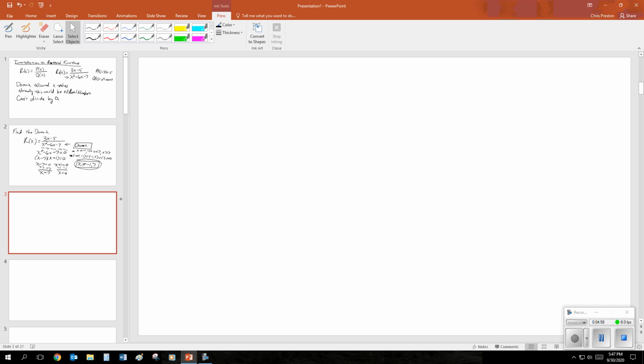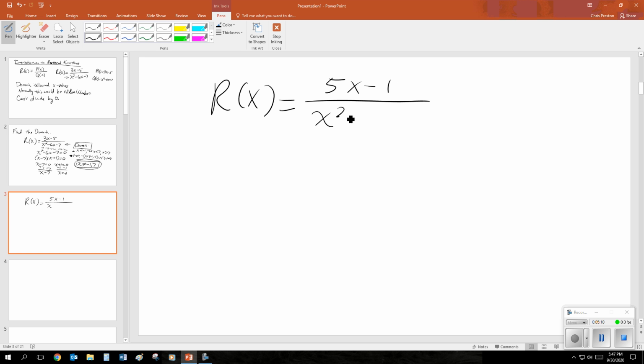All right. One thing we're going to run into when you first get introduced to this is situations like the following. Let's say you have x squared plus 10 on the bottom. And you go, okay, I have a fractional expression.